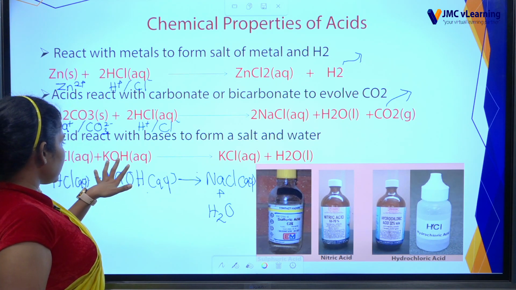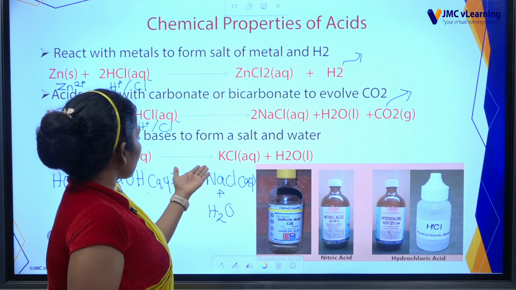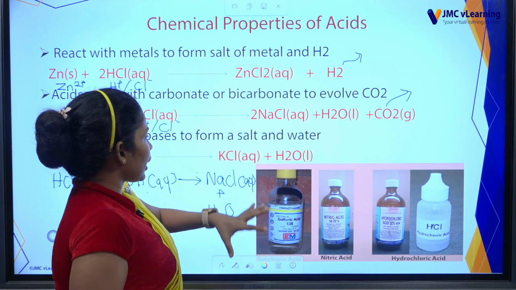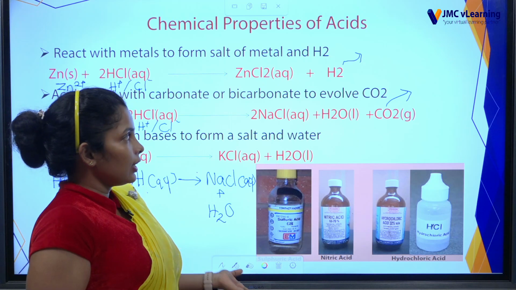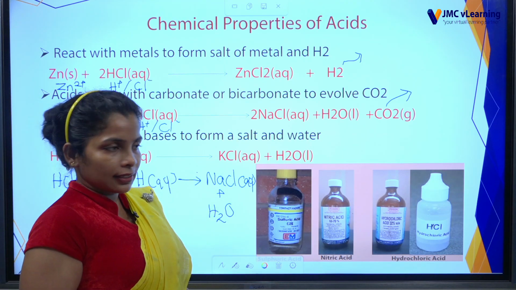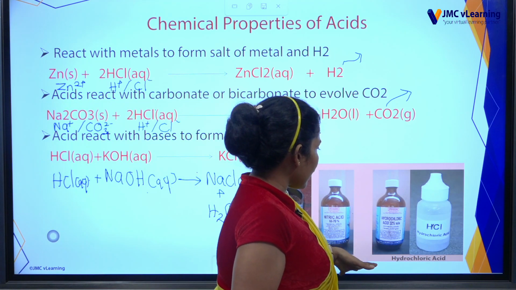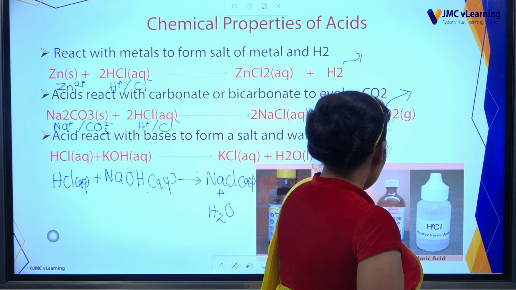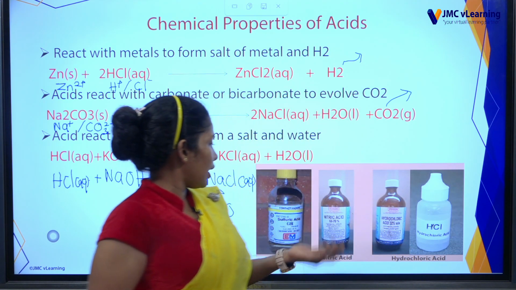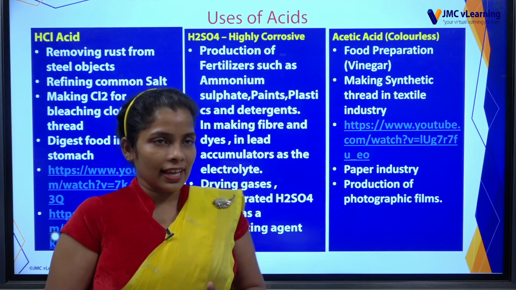This is potassium hydroxide combining with hydrochloric acid, releasing potassium chloride and water. These are the basic chemical properties of acids. You can see sulfuric acid and nitric acid, these are strong acids. Students, now we are going to see the uses of acids.